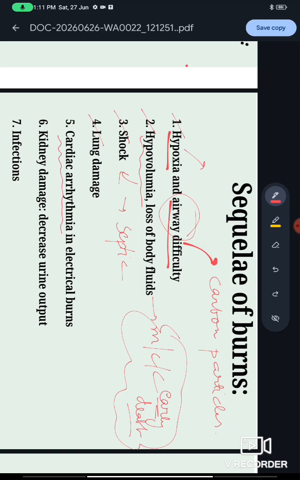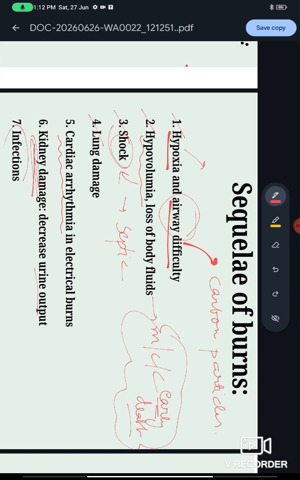As we discussed, presence of electricity, high voltage electricity, it can affect the conduction of the SA node and in turn causes cardiac arrhythmia and atrial fibrillation. Next is the kidney damage. Kidney damage, especially again in the case of electrical burn, there may be myoglobin formation, excessive load on kidney. Again, if there is shock, then there is decreased urinary output, again affects the kidney.